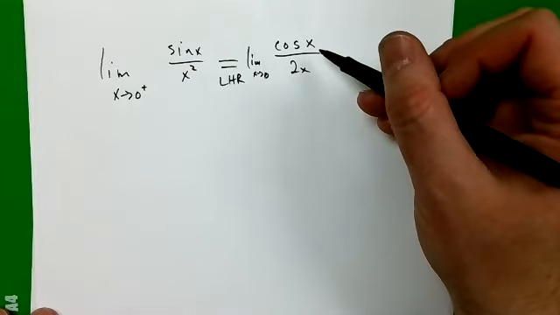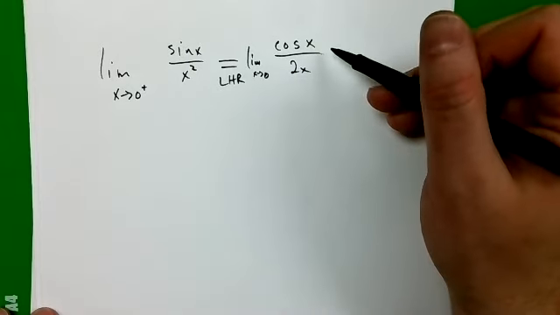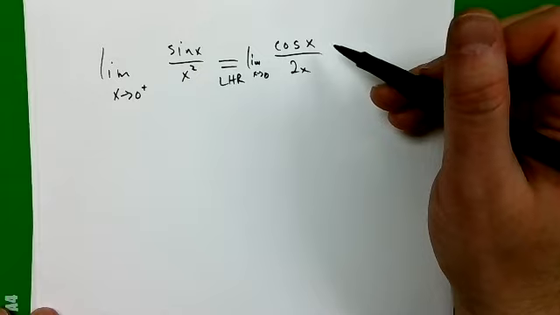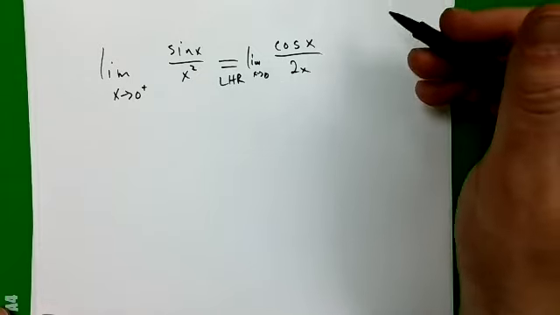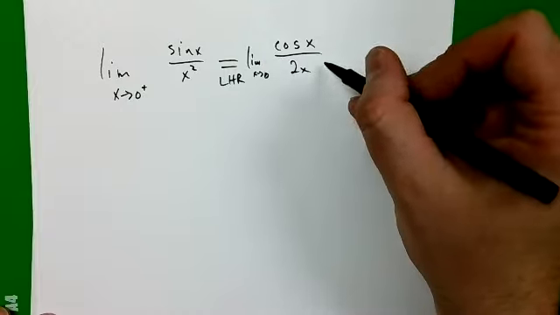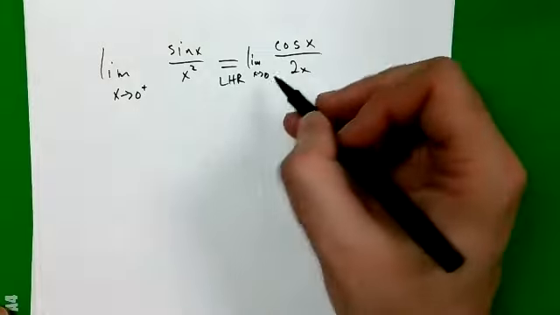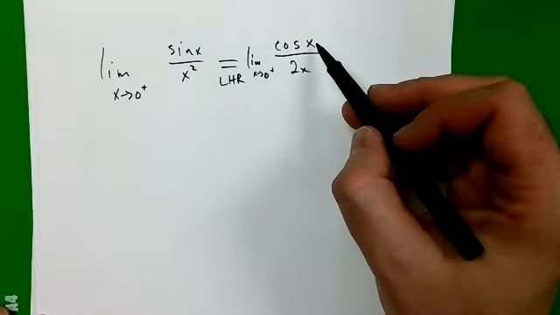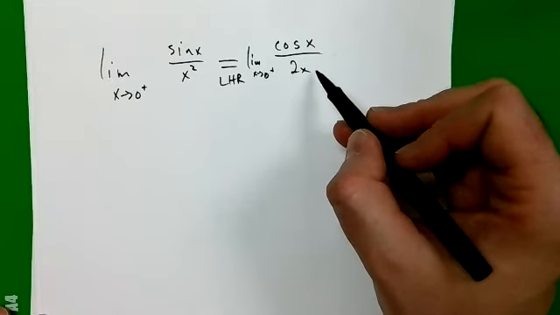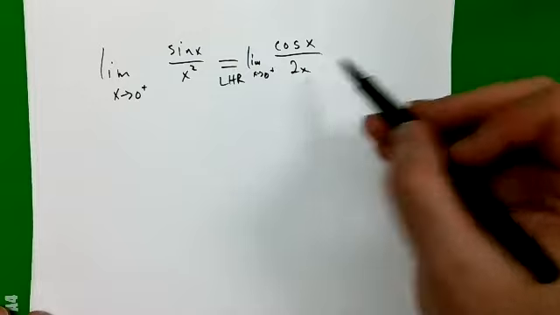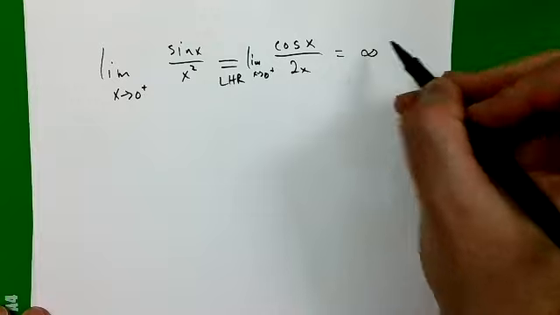Now that is not a 0 over 0 indeterminate form. Cosine is never bigger than 1, and near 0, it gets as close to 1 as you would like. So this is like 1 over 0. We are taking the limit from the right, so as x approaches 0 from the right, cosine is still going to go to 1, and 2x is going to go to 0 from the right, so that's going to be equal to positive infinity.